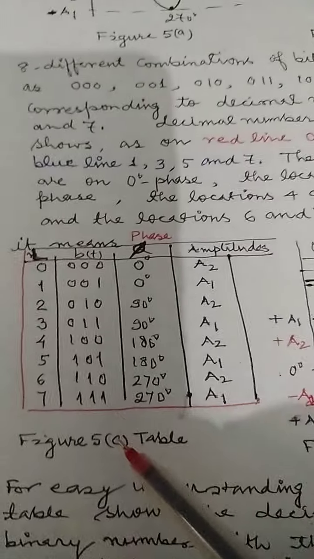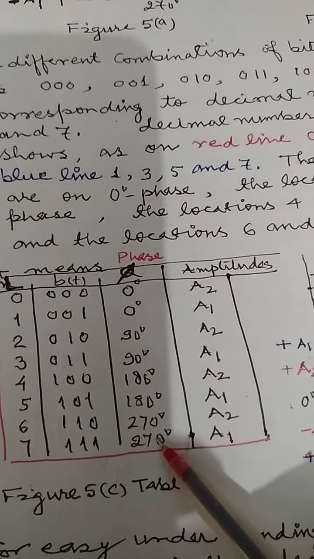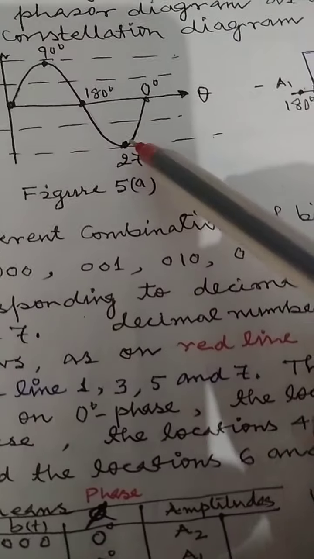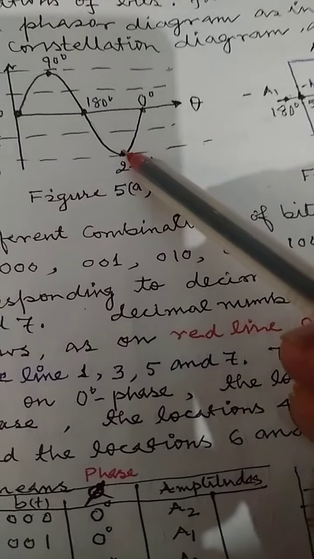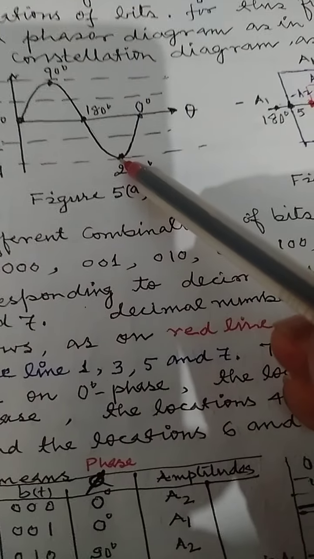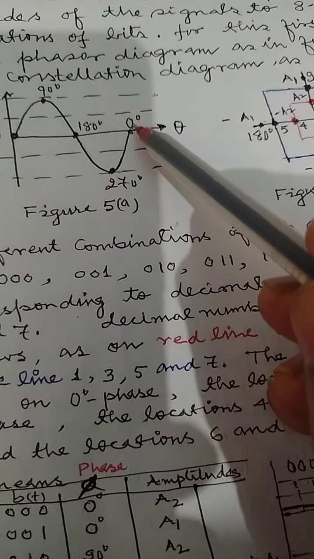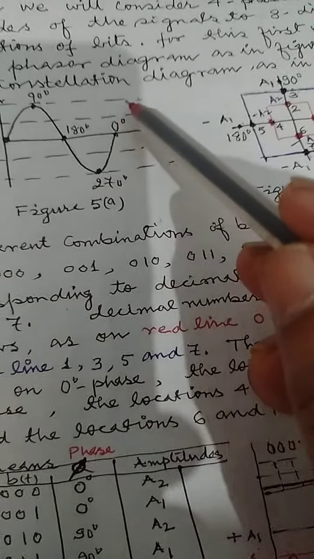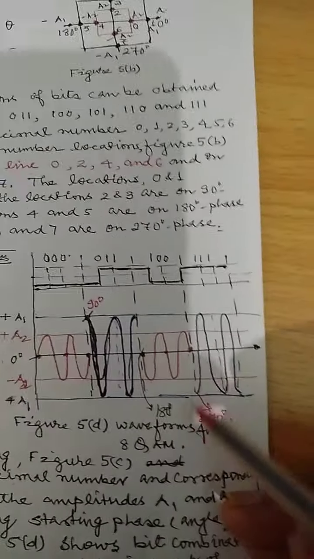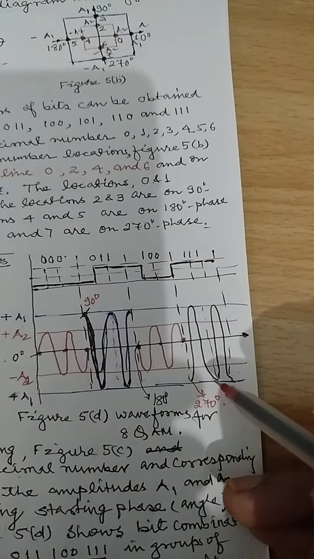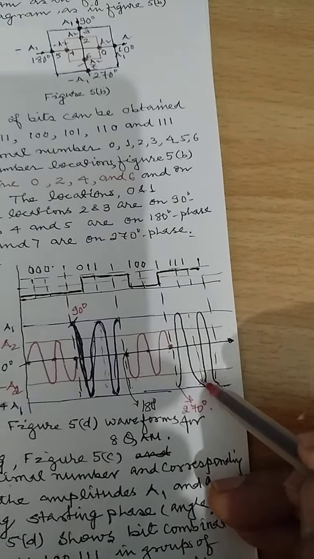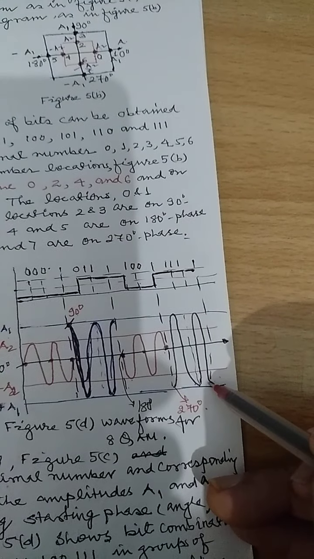For the last combination, 111, it has started at 270 degree. It will take this quarter part of the waveform, then go up and end up here, and again complete another cycle.